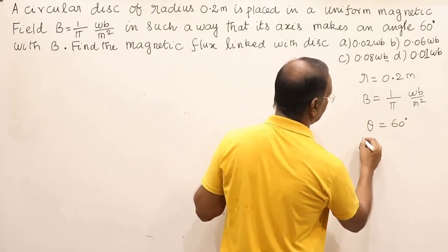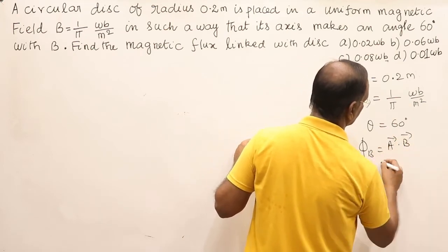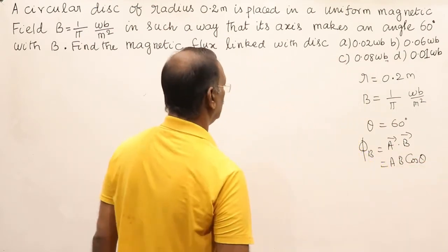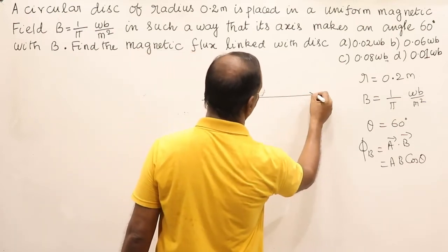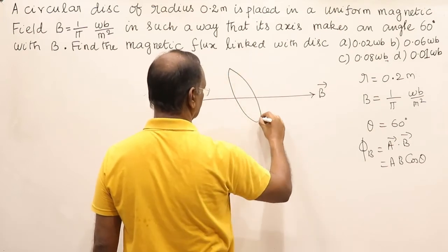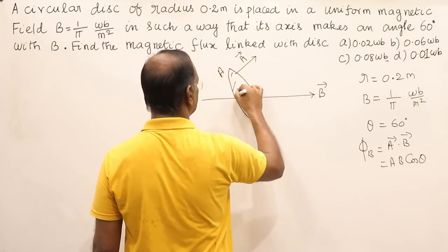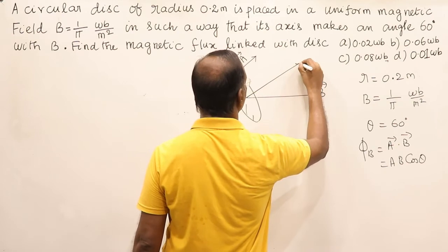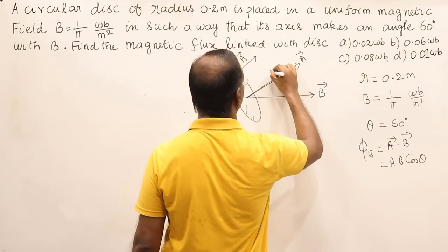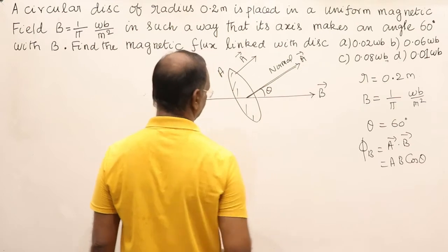As we know, magnetic flux is equal to A dot B is equal to AB cos theta. So this is the direction of the magnetic field as per the given condition, and the disk is like this. This is the area vector of the disk, the normal, which we can call the A vector, making an angle theta with this one.